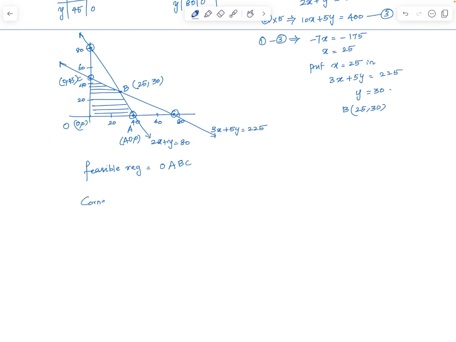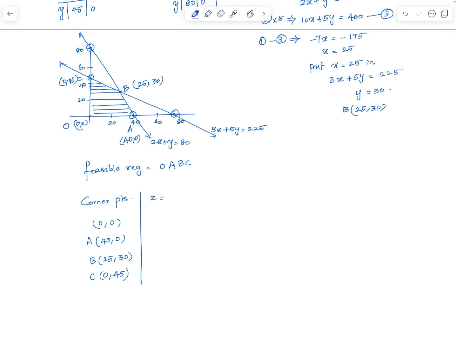Now let's evaluate the value of Z at all the corner points. The corner points are origin 0 comma 0, A 40 comma 0, B 25 comma 30, C 0 comma 45.